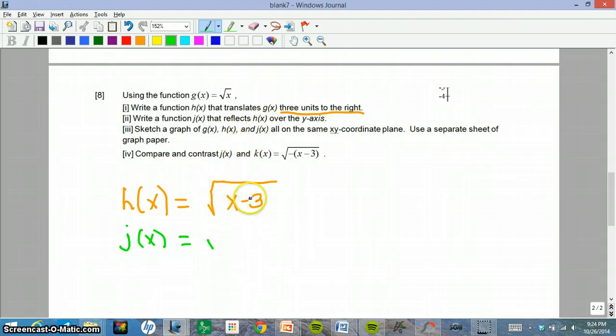So what would I need to do to reflect this? I would need to replace the input with its opposite. So this x gets replaced with a -x, and then we bring down this -3 that was there before.